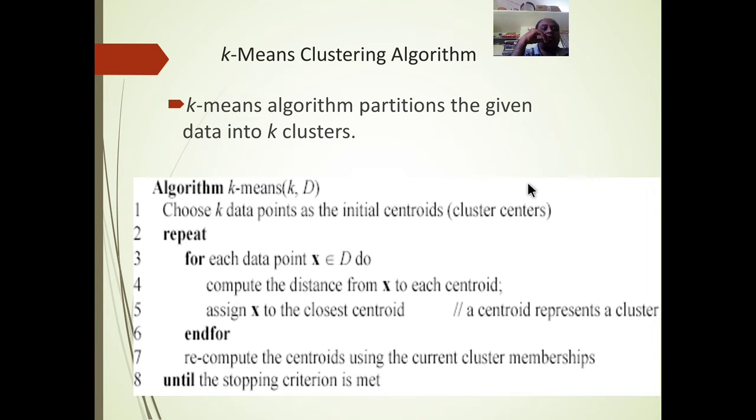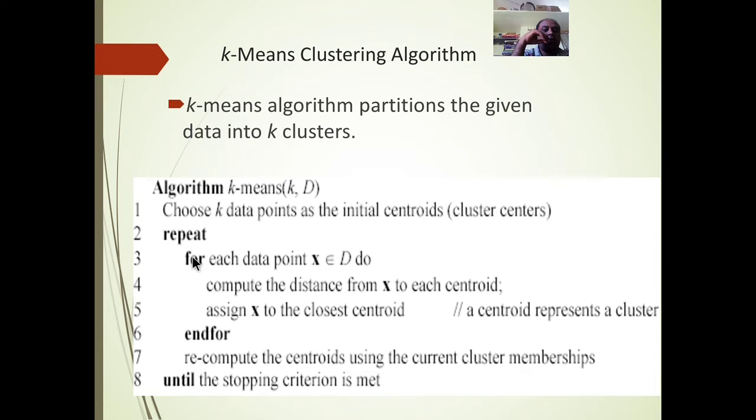In the k-means algorithm, we partition the given data into k clusters. The first step is to choose k data points as the initial centroids, also called cluster centers.